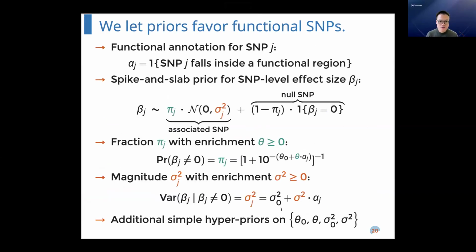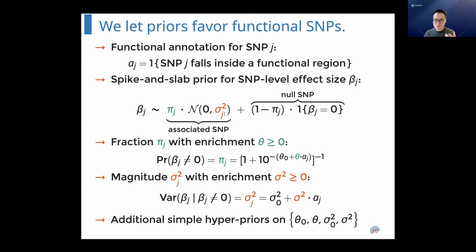So here's how we write down the models. We begin with this AJ annotation, the same annotation I defined in the previous slide. And then I'm using the spike and slab prior for the SNP-level effect size beta J. I can even make this more general by using that finite mixture model I presented earlier, but that's going to complicate the presentation itself.